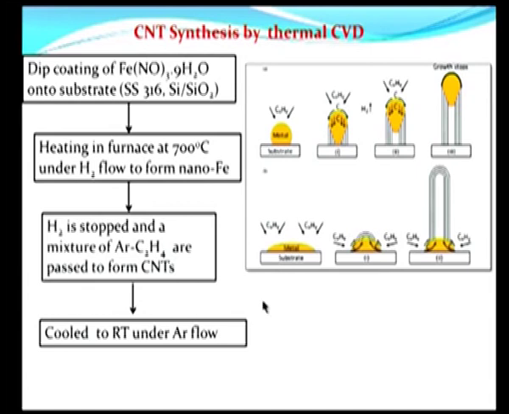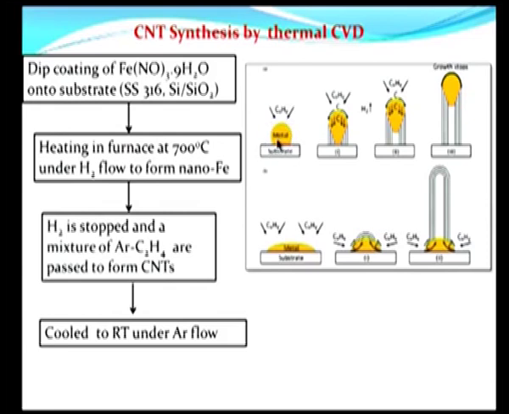The formation of carbon nanotubes by thermal CVD is really quite analogous to the vapor liquid solid method that we discussed earlier, except that there is no liquid formation. What happens is that the metal particles we mentioned, cobalt, nickel or iron, are really most effective.